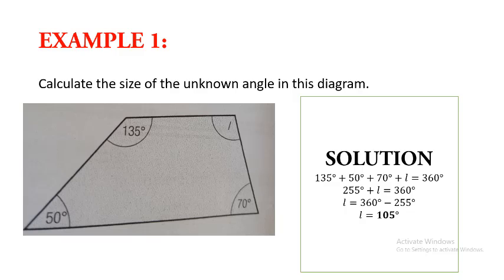Whenever a positive number jumps the equal sign, it becomes negative. So we subtract 255 degrees from 360 degrees, and the answer is 105 degrees, which is the size of angle L. This is how we calculate the size of the unknown angle in quadrilaterals.